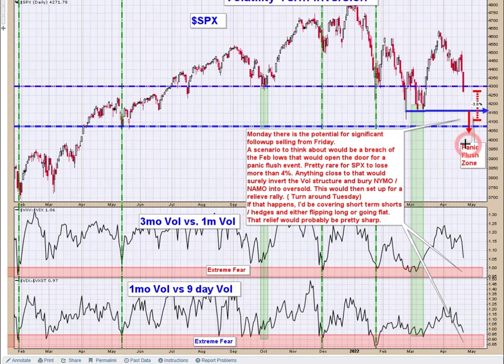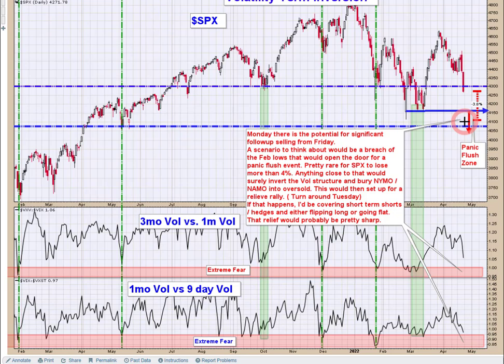with the potential for a panic flush where we breach the March lows, and then there's a big flush, and then that will set up for oversold conditions across the board. All of your oscillators will be well below 60.